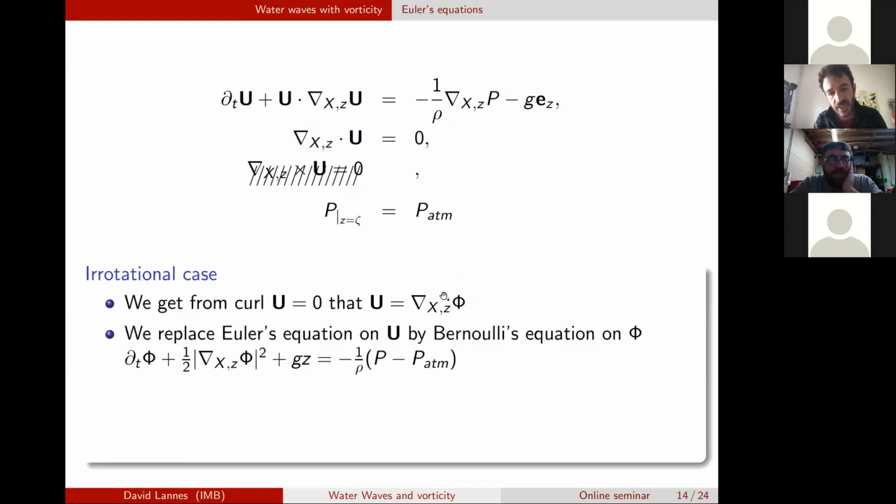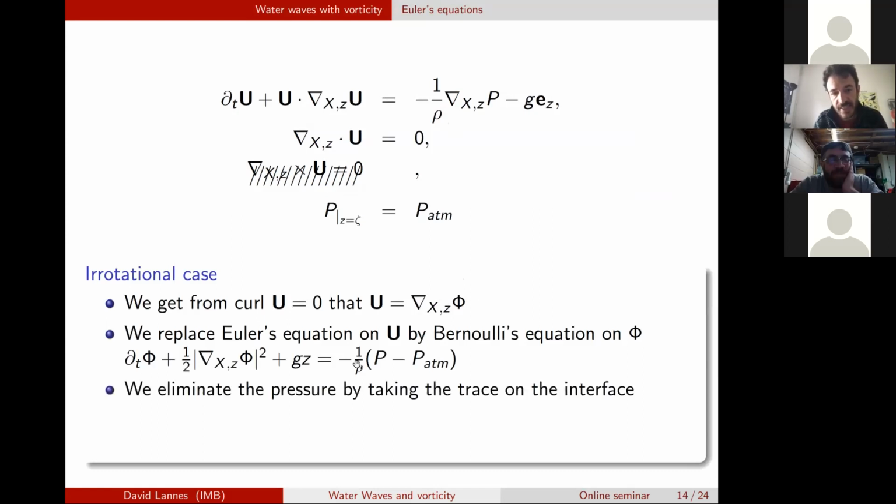Then we used the Bernoulli equation, and we got rid of the pressure by taking the trace of the Bernoulli equation at the surface. Of course, in the rotational case we cannot do this anymore, because we cannot say that curl u is zero, that u is a gradient of phi.